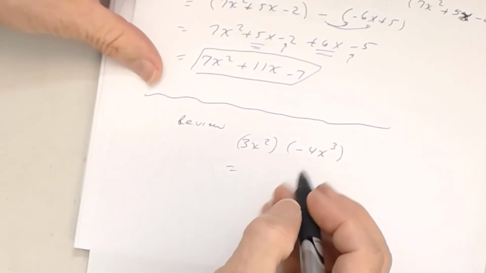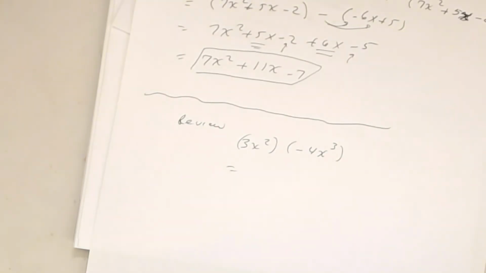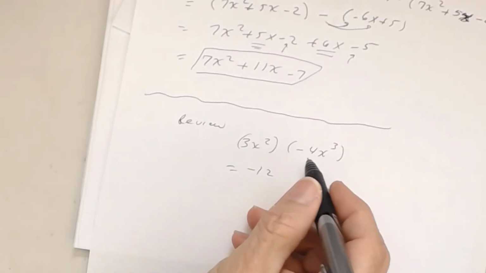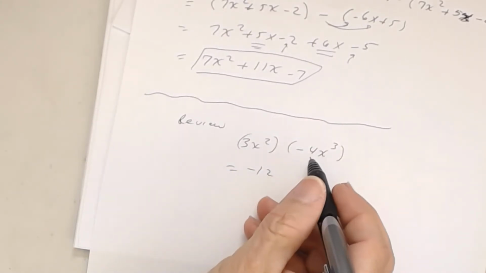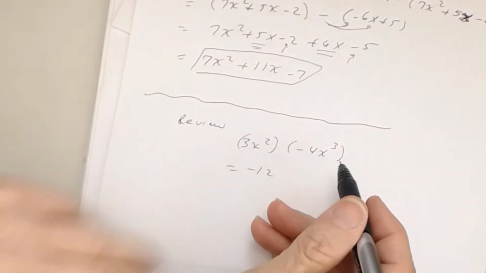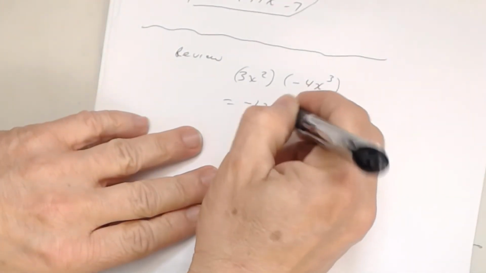So the product rule. So now you deal with the coefficients differently. You only use a product rule with the variables. So 3 times a negative 4 is a negative 12. And then x squared times x cubed, that's where you use a product rule. When you multiply like bases, you add exponents. What's x squared times x cubed? X to the 5th.